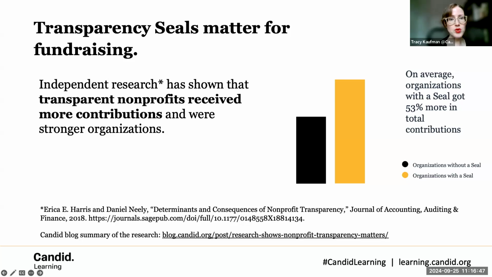And what was found was that nonprofits who have a seal of transparency on GuideStar receive on average 53% more charitable contributions than those who don't. So this indicates that people look at these profiles and they use them to make charitable giving decisions. And I think that's a really important thing to be aware of.